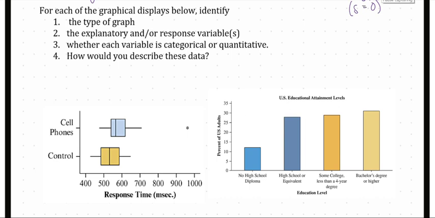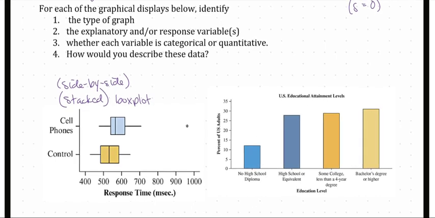This first plot is a stacked box plot, or we might just call these side-by-side box plots. The explanatory variable is this categorical variable of whether someone is using a cell phone or not. So this is our explanatory variable.